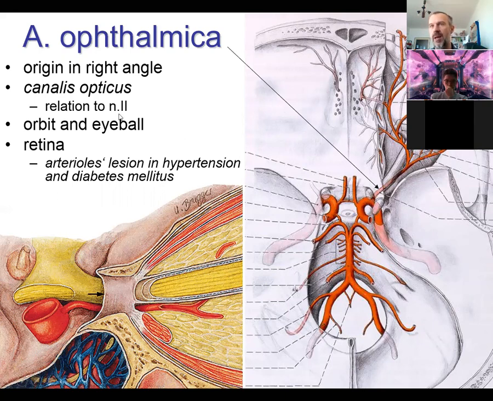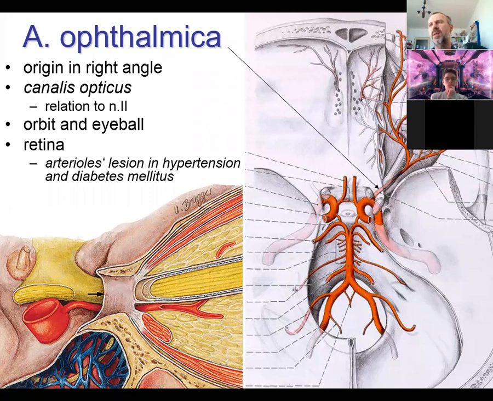Yeah? It goes together with the optic nerve. And in clinics, it's important that the retinal vessels, the arterioles, the branches of the ophthalmic artery, suffer from hypertension and diabetes, and then you may remember that blindness is often one of the complications of diabetes.